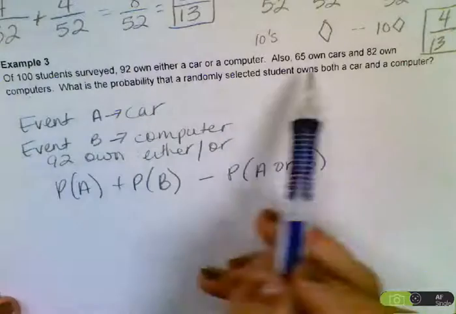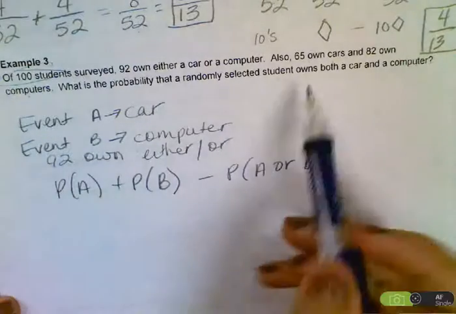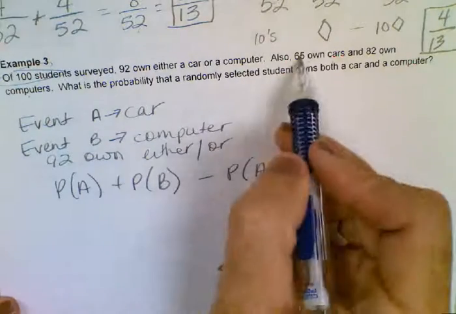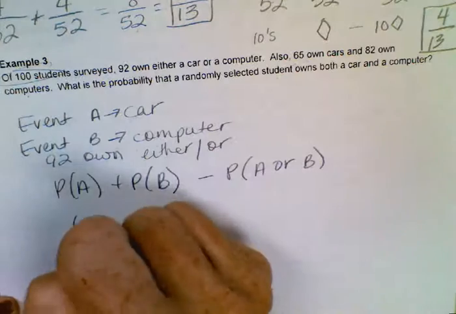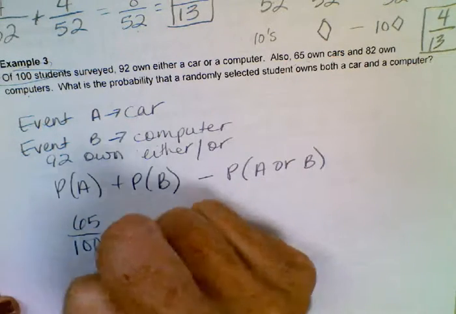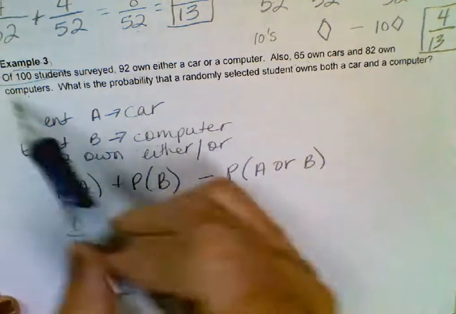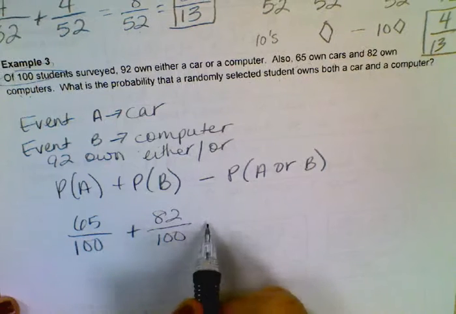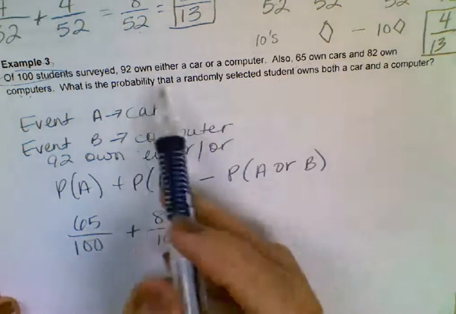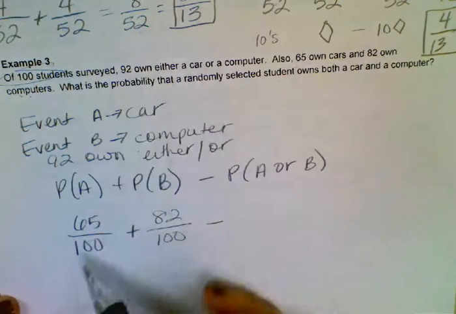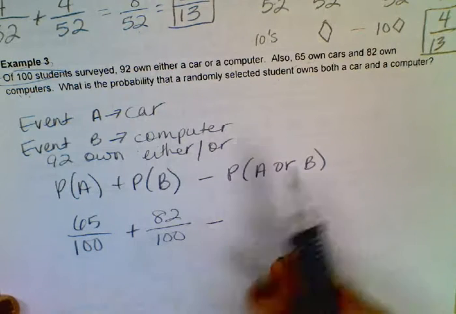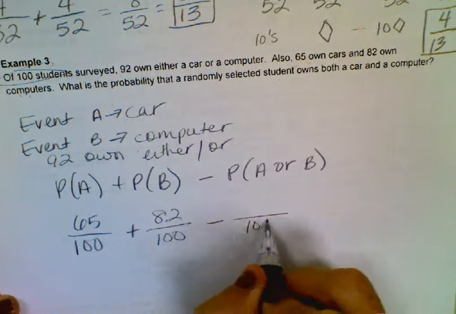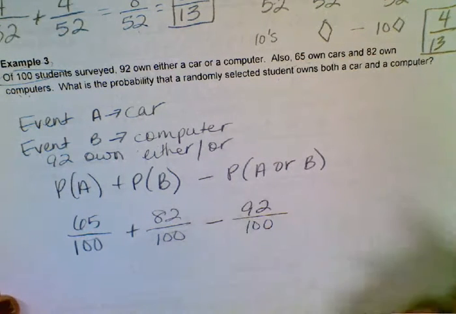The number of cars out of 100 as our total is 65 out of 100. The number of computers owned is 82 out of 100. But we have to subtract out the kids who own computers or cars. They've already been accounted for in both of these sections. So we need to subtract out those 92.